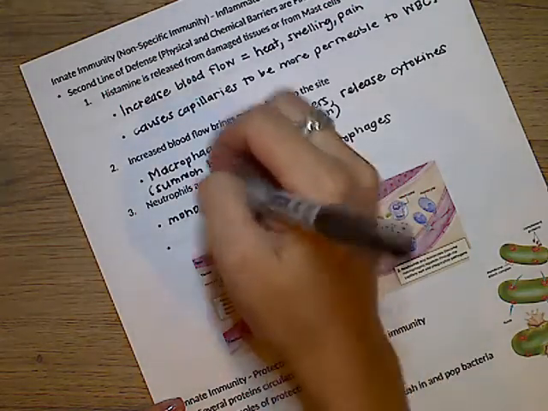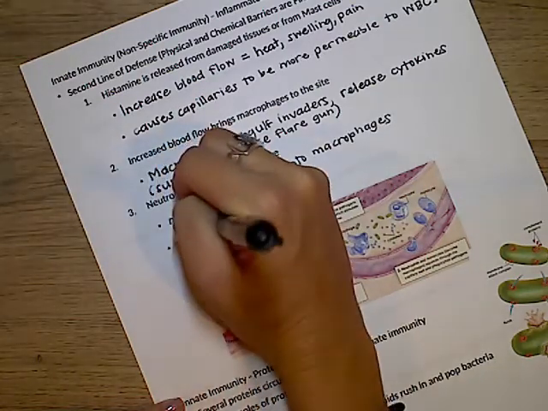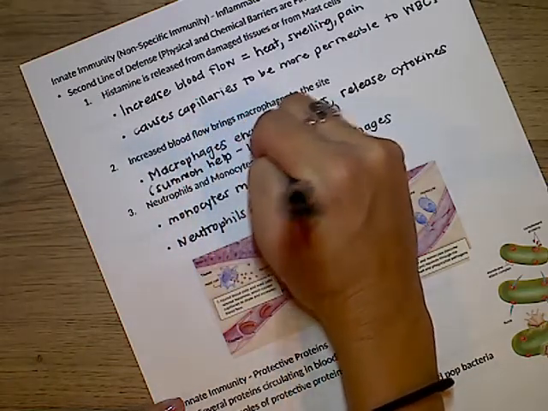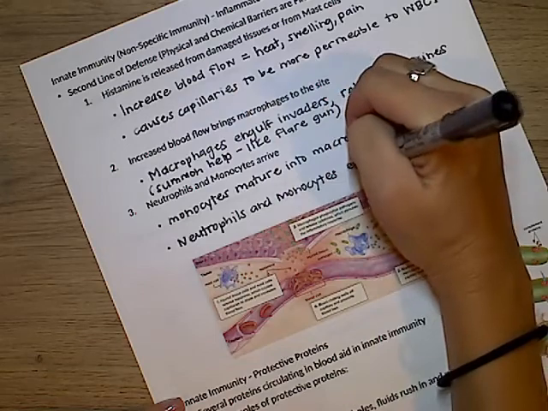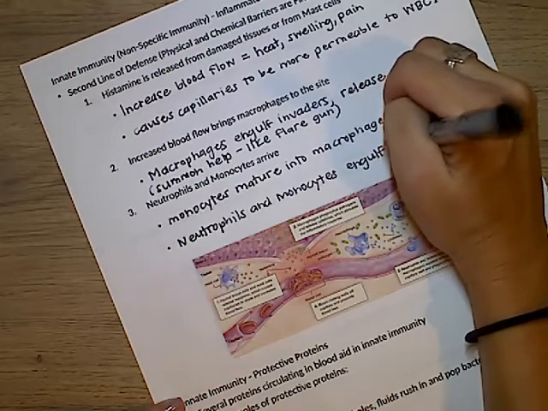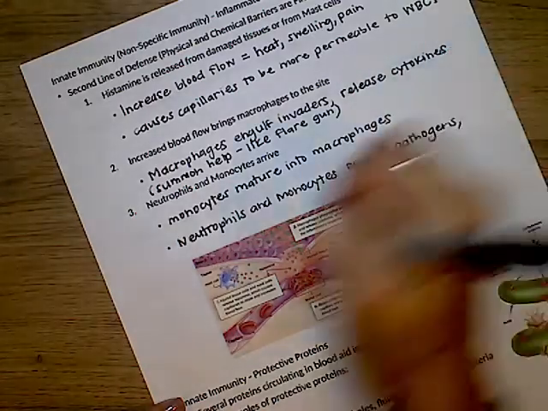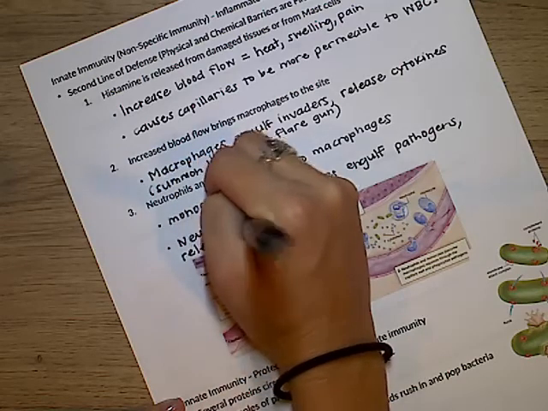And then both neutrophils and monocytes engulf pathogens. And I don't know if you've heard the word pathogen or if we've defined it, but it's just something that can get into the body that can cause disease. So viruses, bacteria, anything like that. And they release cytokines as needed.